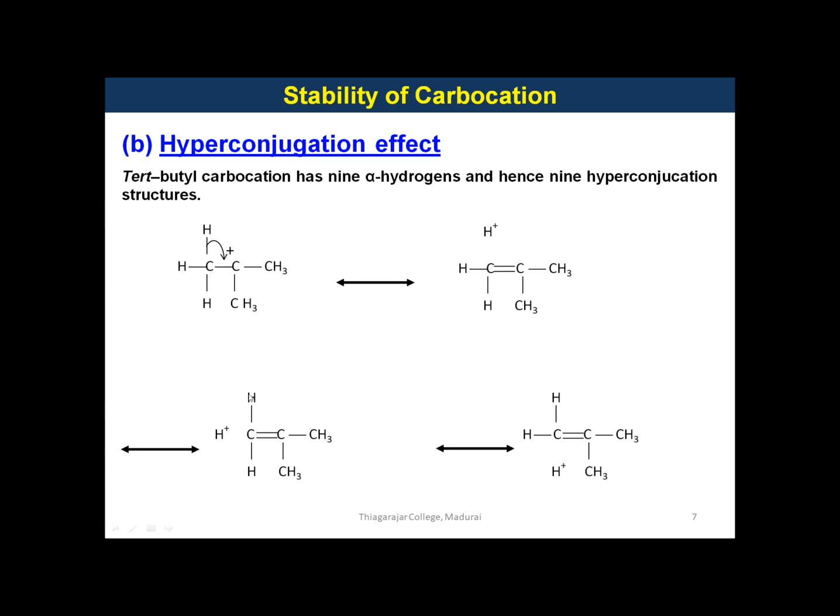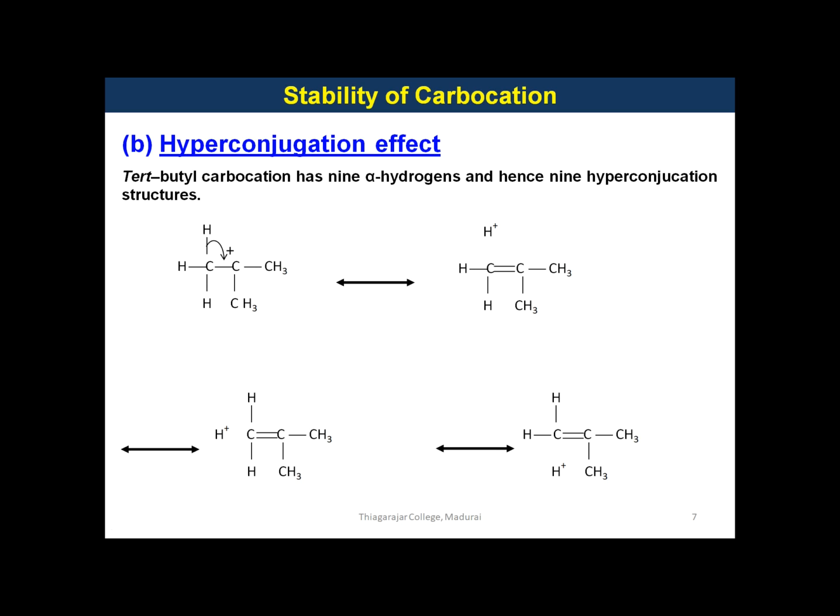Here I have shown 3 resonating structures by the involvement of 3 hydrogen atoms. Similarly, the other methyl groups will also be involved in resonance. Hence, it results in 9 resonating structures.